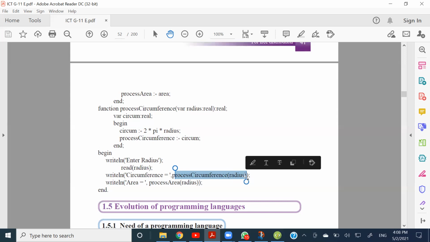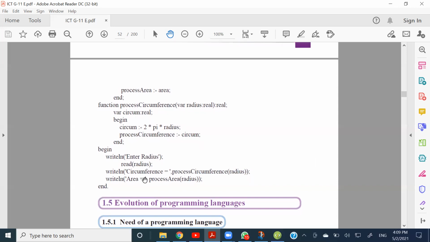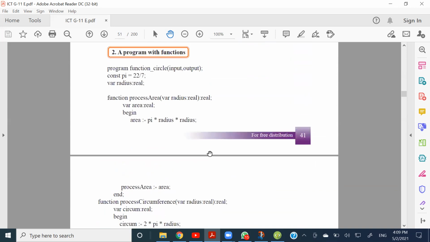Right? Good. So when you are doing this right ln, it's going to do the same thing. They will print area equal on the monitor. Then they will find process area, the function call with the radius variable. So it will call to this particular place and the area will be taken as a real value and calculated.